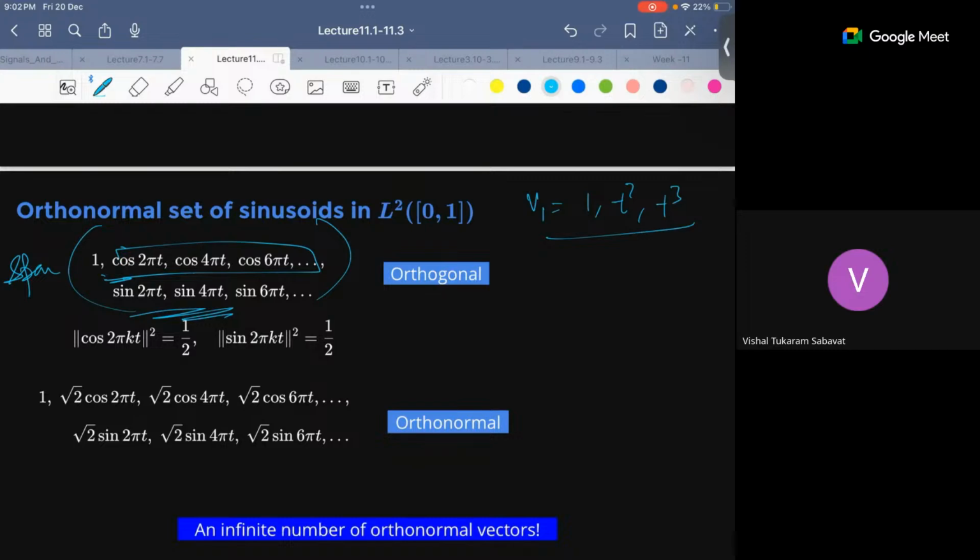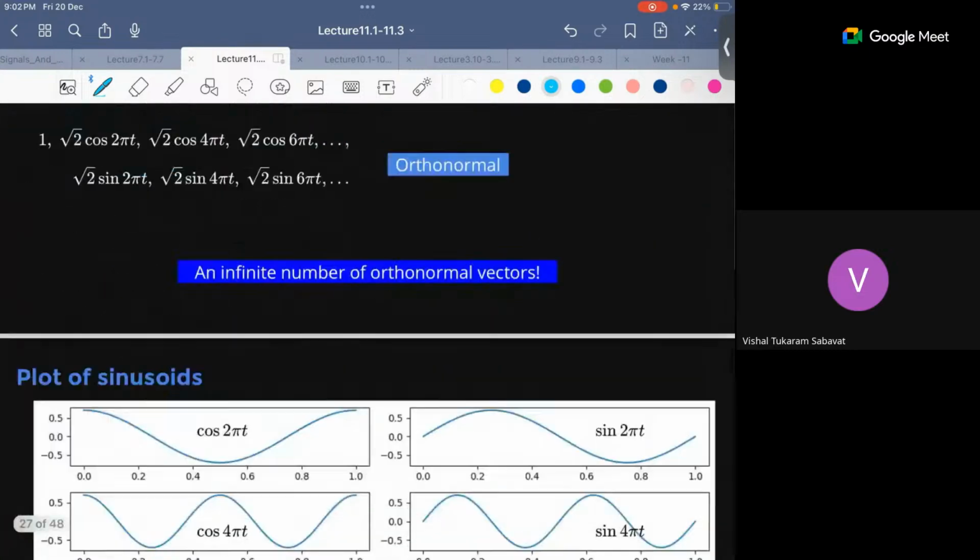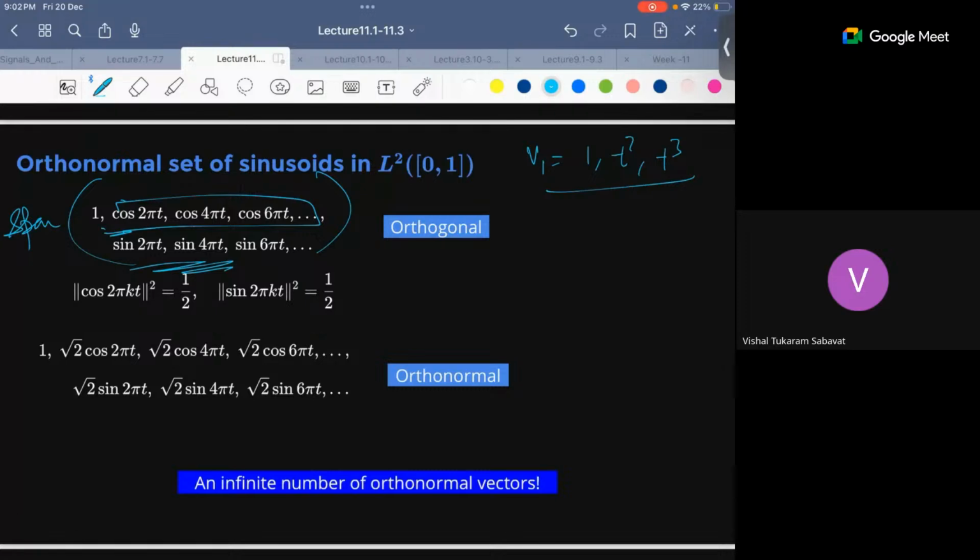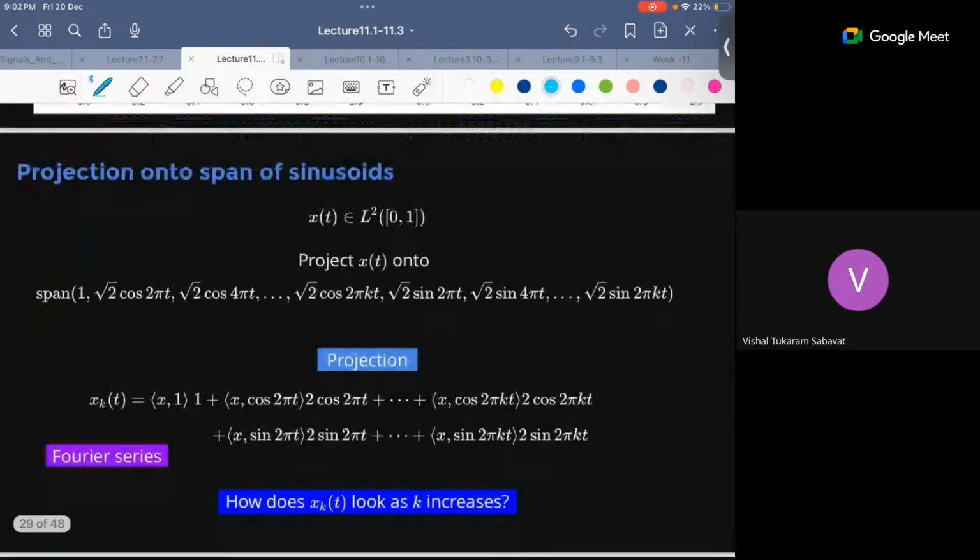Let's say, for example, a function x(t) has been given to you, which is in the function space L2 from 0 to 1.